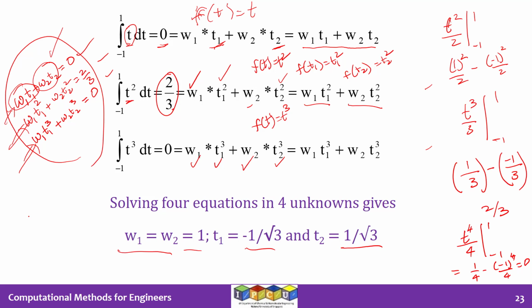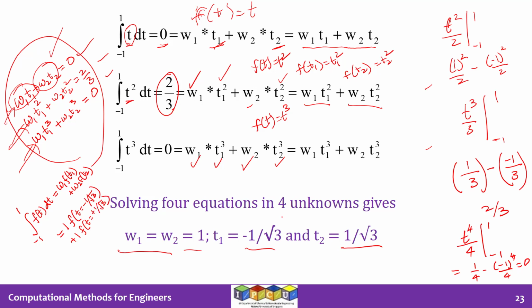So the integral from minus 1 to 1 f of t dt for any f of t is going to be W1 f of t1 plus W2 f of t2, and we have seen that this is going to be equal to 1 times f at t equal to minus 1 by square root of 3 plus 1 times f evaluated at t equal to plus 1 by root 3.